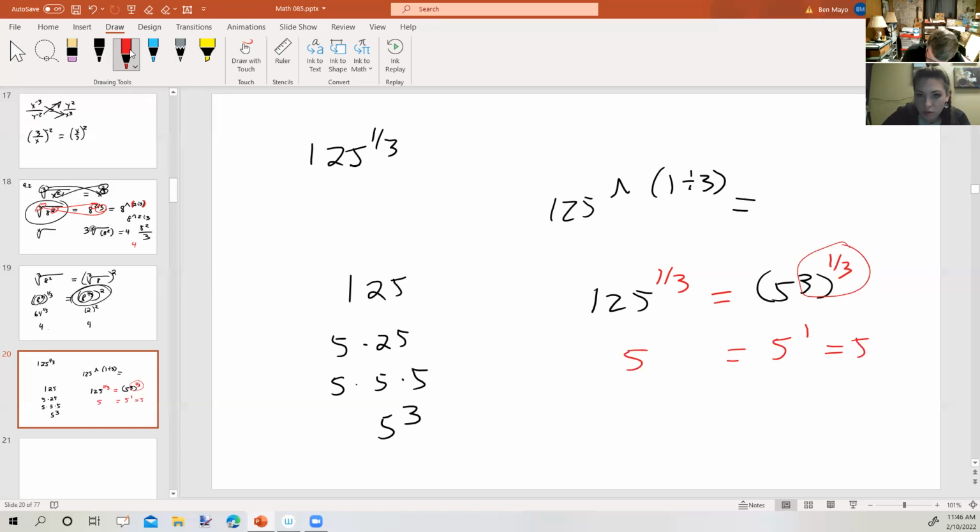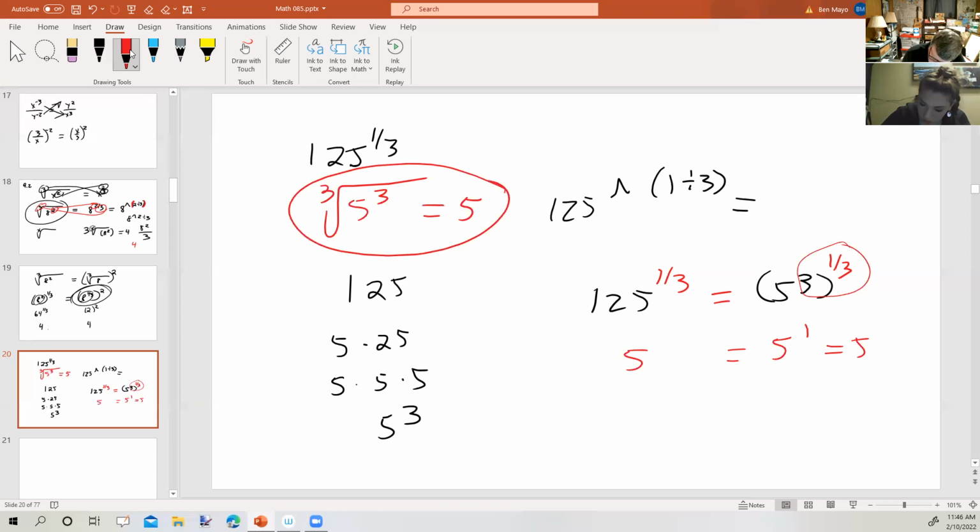Or I could say the cube root of a cube gives you the base. Why is this true? Because the cube root of 5 cubed would be 5 to the 3/3 power, which is 5 to the 1 power, which is 5.